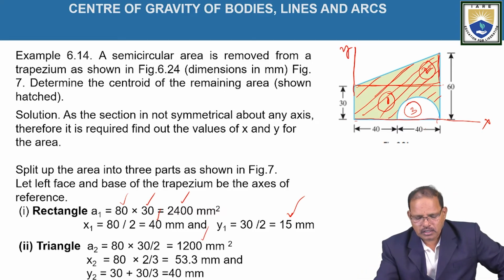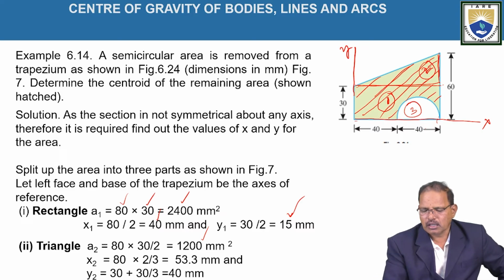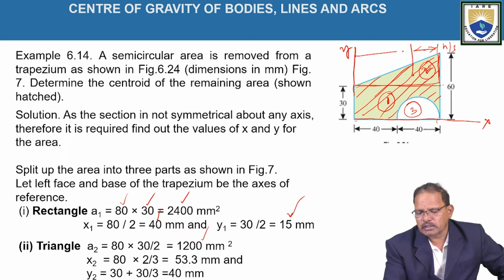Now x2: from the base it should be h by 3, and the remaining is 2h by 3.